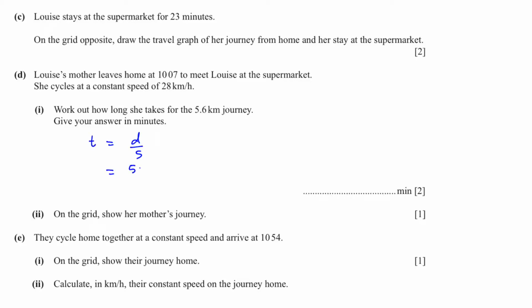Distance is 5.6 km and the speed is 28 km per hour. That will give us time is equal to 0.2 hour. To change it to minutes, we will multiply by 60 and we will get 12 minutes.